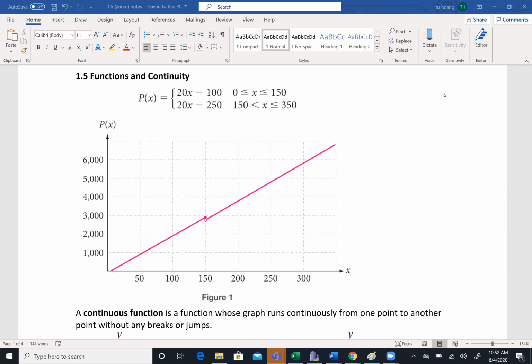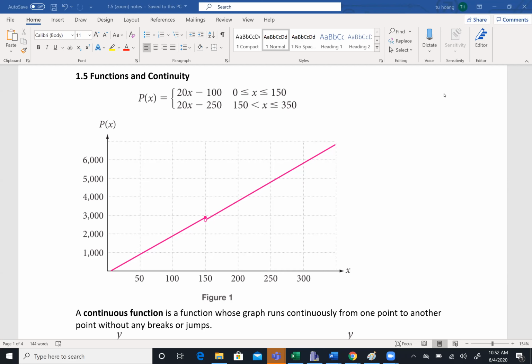In front of me right now, you can see a graph of the piecewise function P(x). This is the same as the example in section 1.4 last time for the piecewise function.